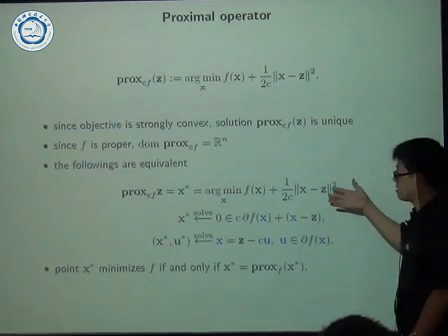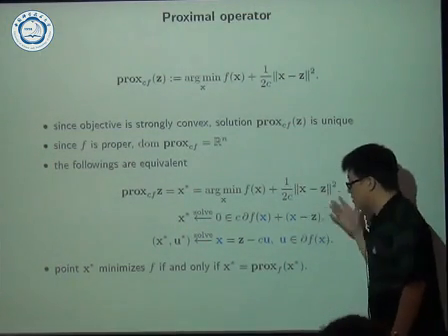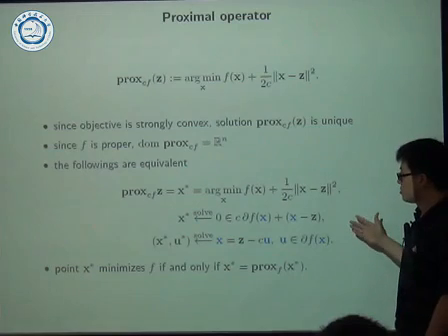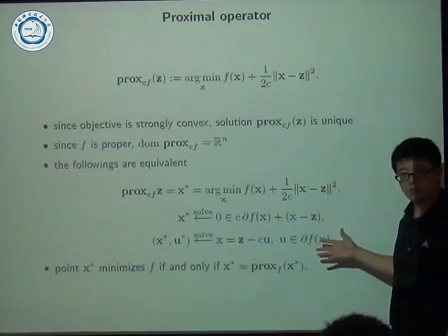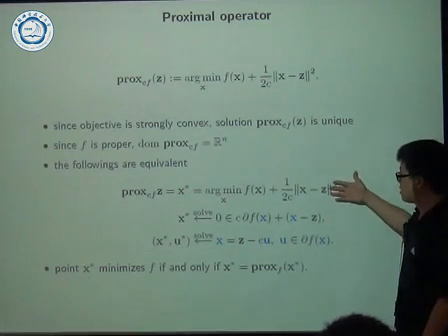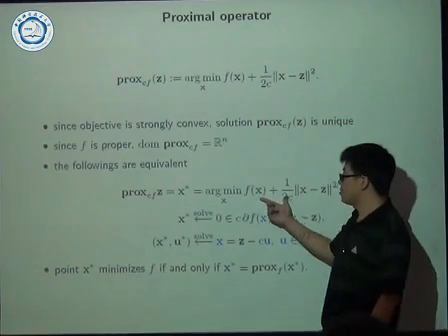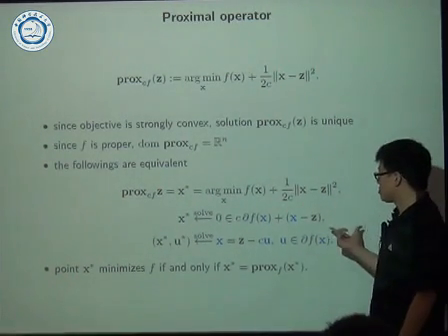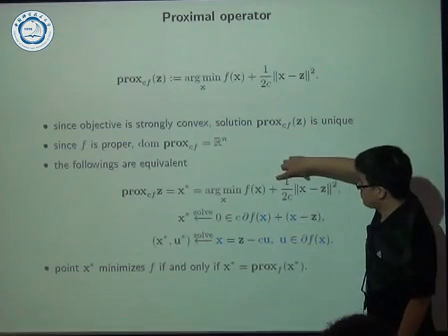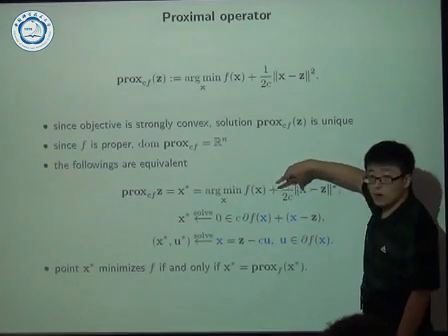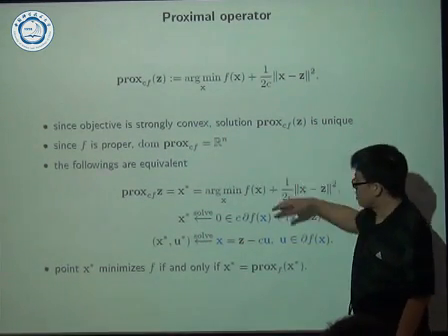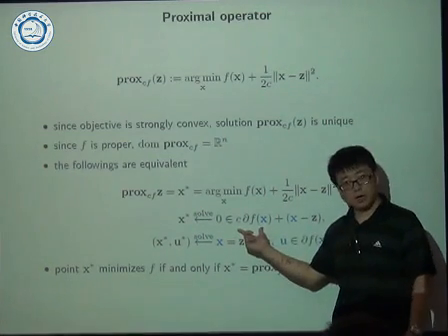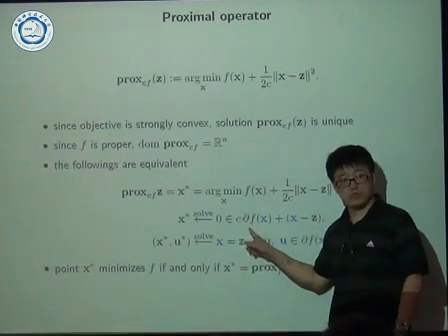And as I said, this proximal thing is totally equivalent to other representations of the step. You can write it as a minimization problem, f of x plus a quadratic term, or you can write it as the first-order optimality condition of this problem, which is zeroing. Here I have c times the subdifferential.